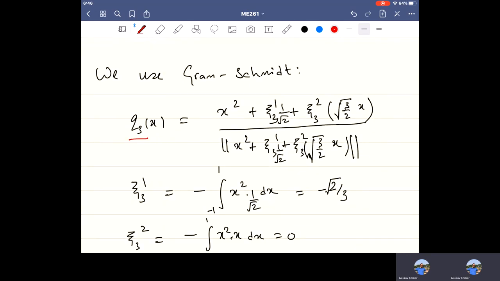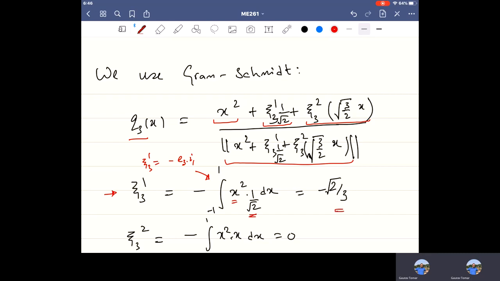So q3 is written as the vector e3 plus xi31 e1 and xi32 e2, and then you have to divide it by the norm of that thing. So xi31, as we had seen earlier, is minus e3 dot i1, and that's what we're doing here. e3 is x square, and i1 is 1 by root 2.